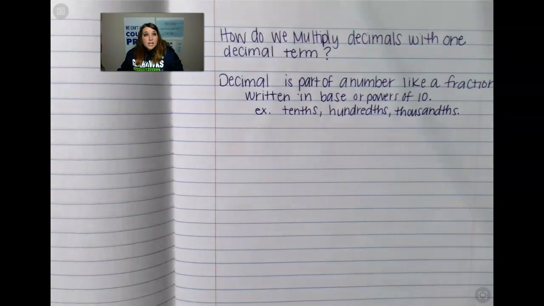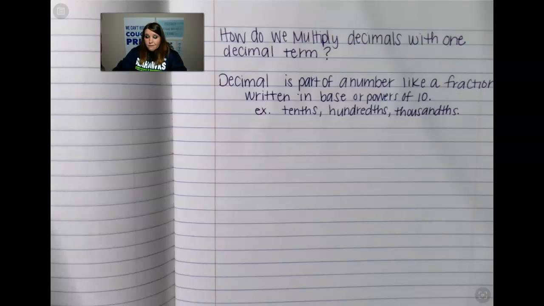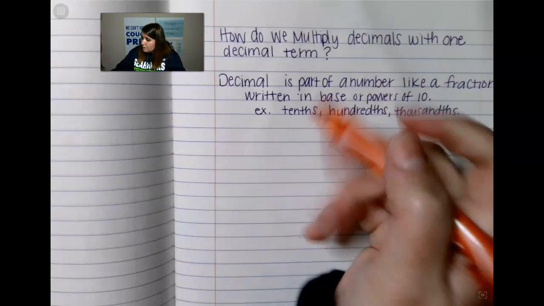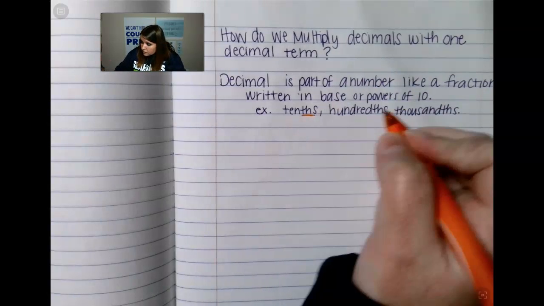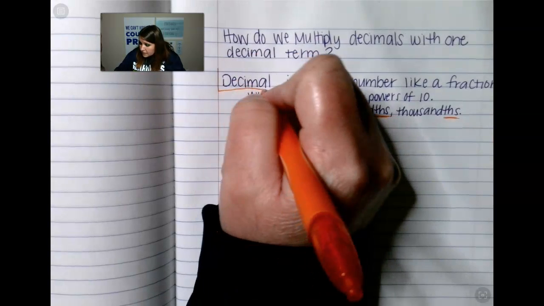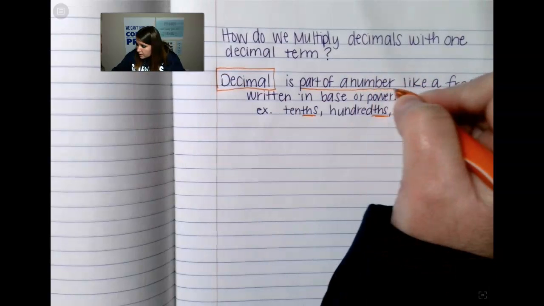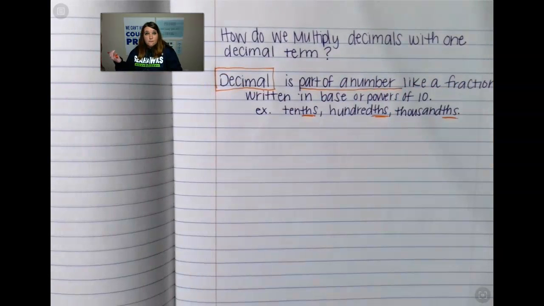You know that it's a fraction number when you read it because of the sound, this THS. That tells us decimal. So a decimal is part of a number like a fraction, in the base of 10: tenths, hundredths, thousandths.